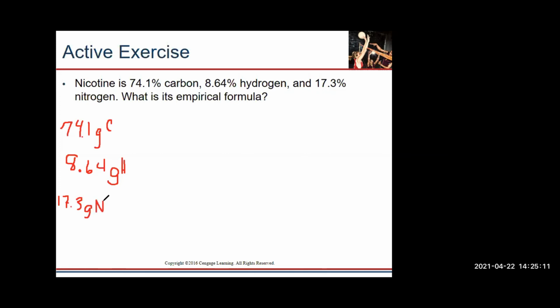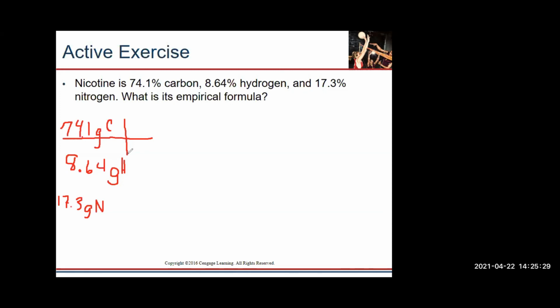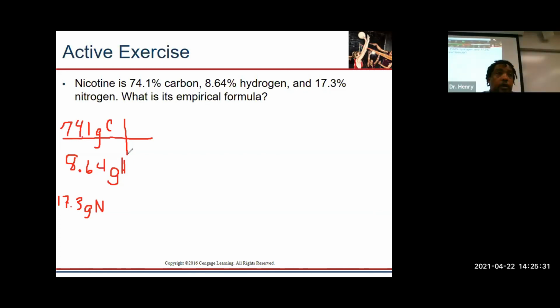Okay, first thing I want to do, because I need to be able to compare moles to moles, is convert. I have grams. Use their atomic mass.